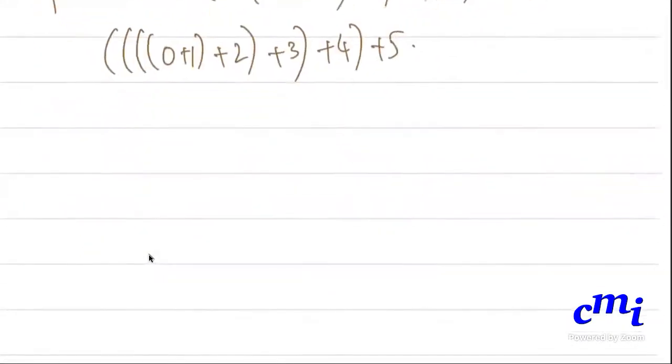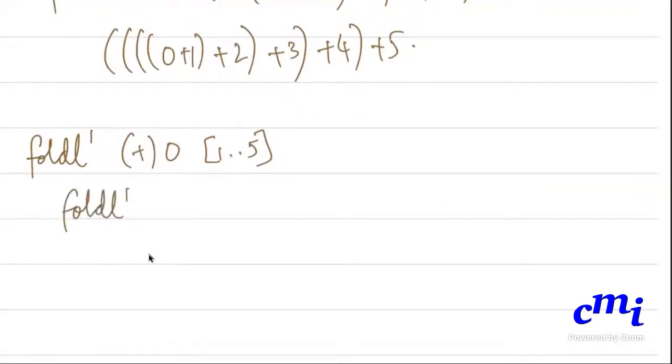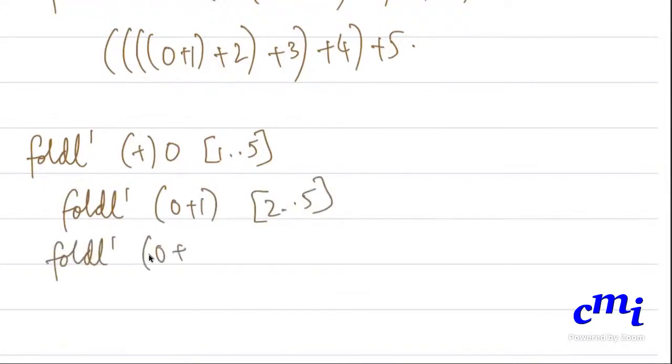Whereas fold L prime does the following. It will first say, fold L prime of 0 plus 1, 2 to 5. Normally fold L would have done this.